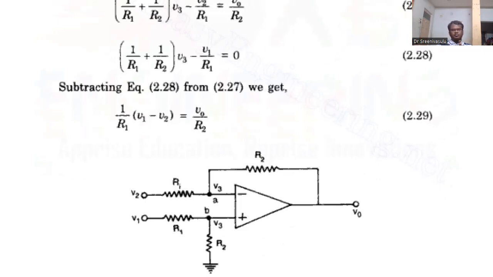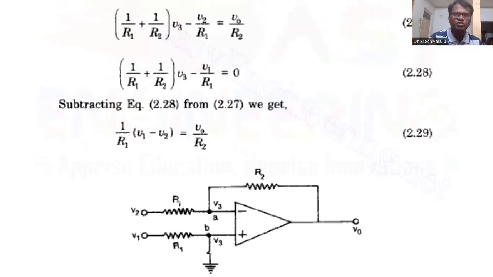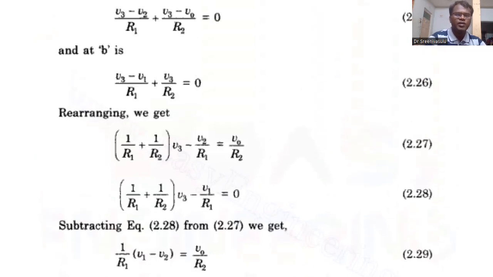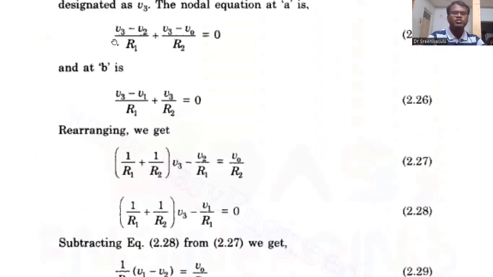And then you write the first equation for V3 and you write the second equation for V3 and equate these two equations. At node B, V3 minus V1 by R1 plus V3 by R2 is equal to 0. And equate these two terms.